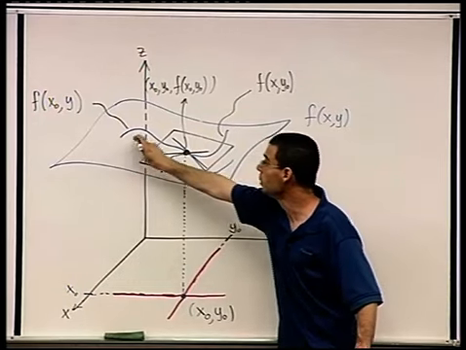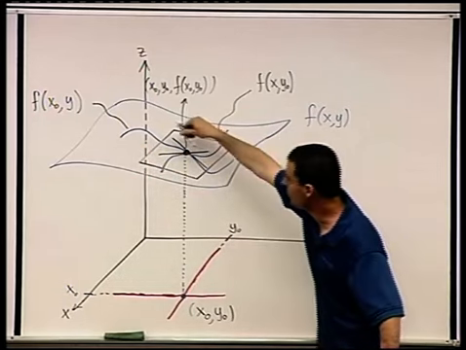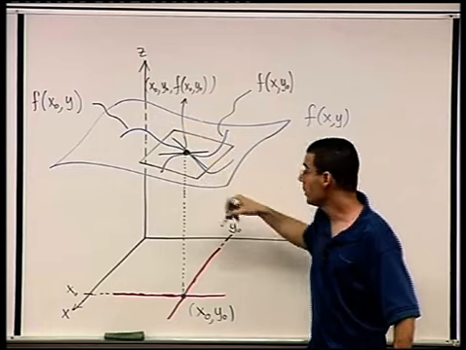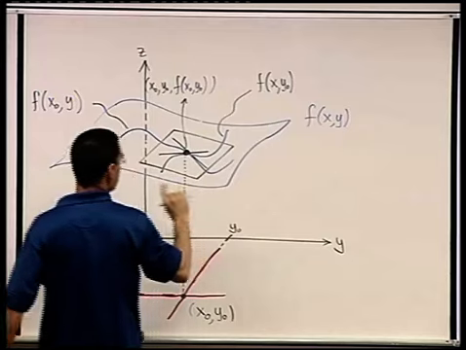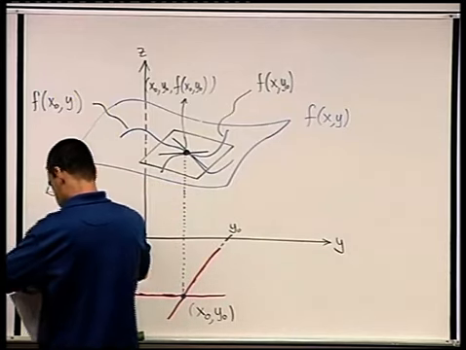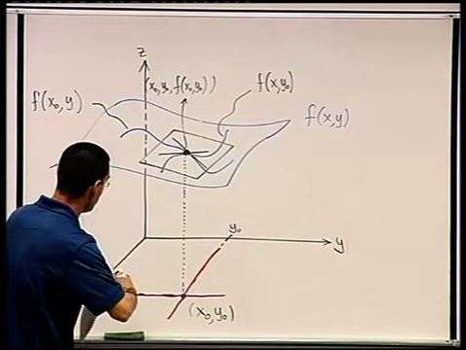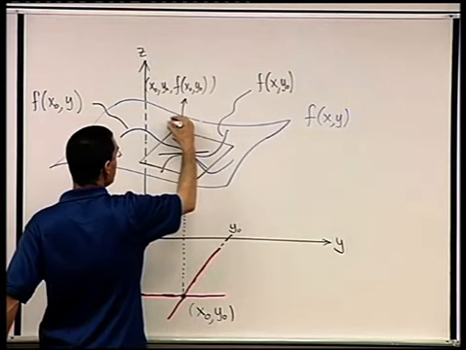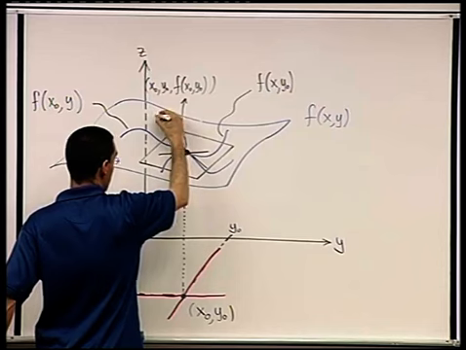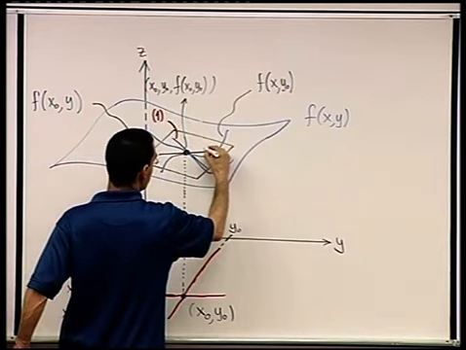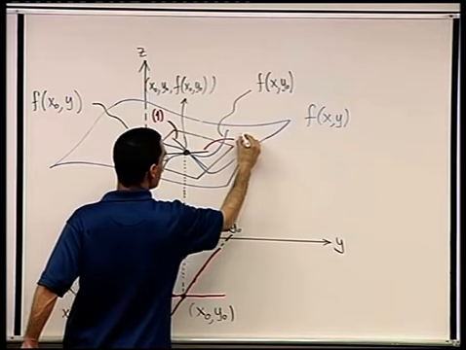That's this blue line here, and this was its slope. This was its tangent line. So let's call this tangent line number 1. And let's call this line here number 2.